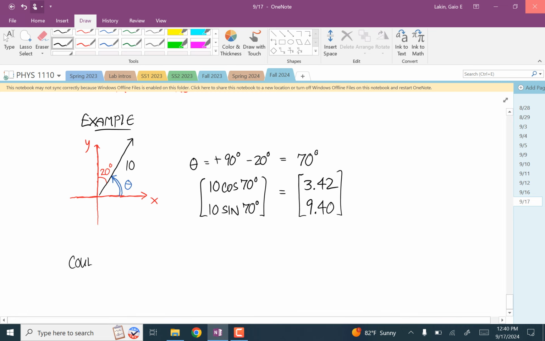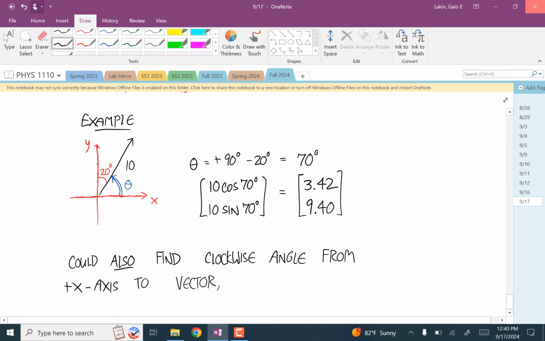By the way, you could also find the clockwise angle from the positive x-axis to the vector, but then you just have to call the angle negative.